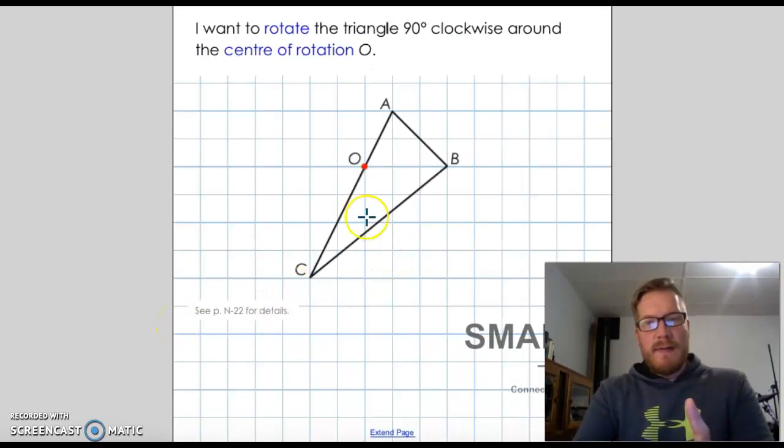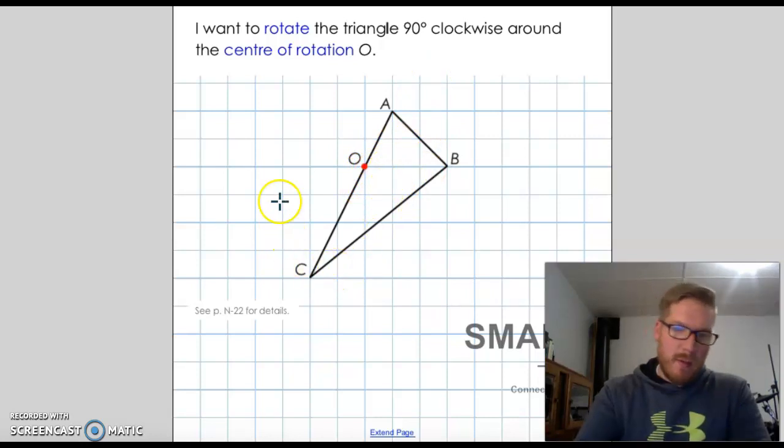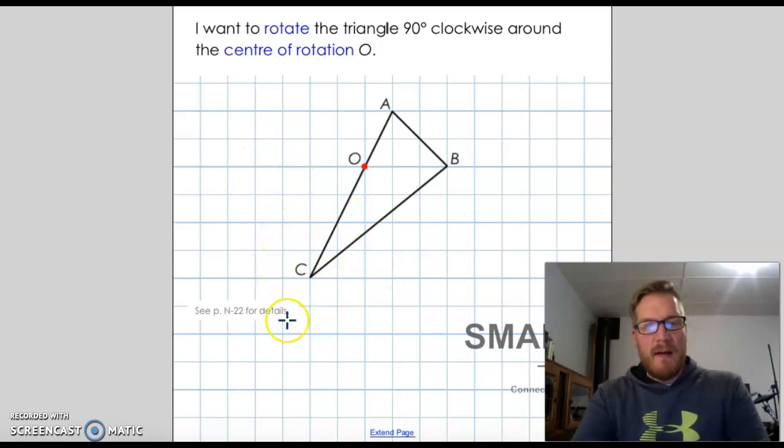Now, what we're going to try to do here is rotate this triangle around this point. We're going to go 90 degrees clockwise, so it's going to be going sort of up to the left. What I'm going to do is just count spaces. Point A is going to be going clockwise this way. So I go one space over and 2 down, and then 2 spaces over and 1 space down.